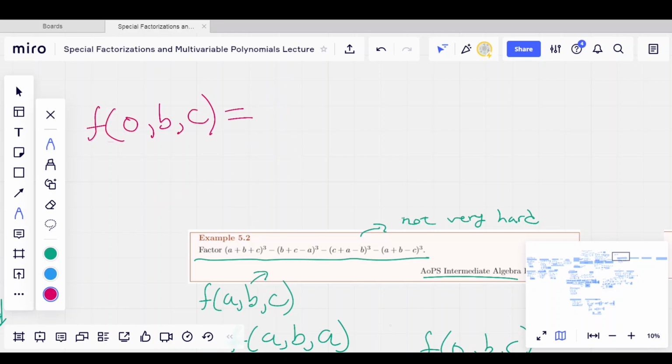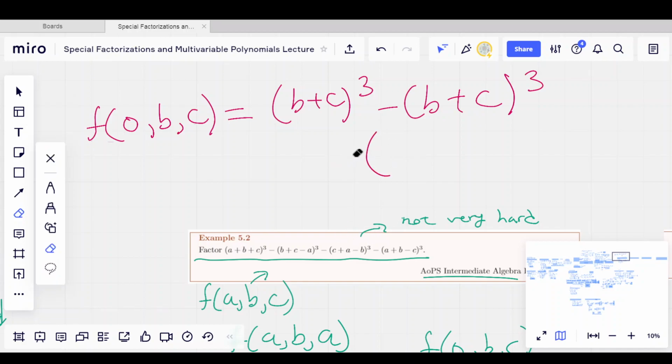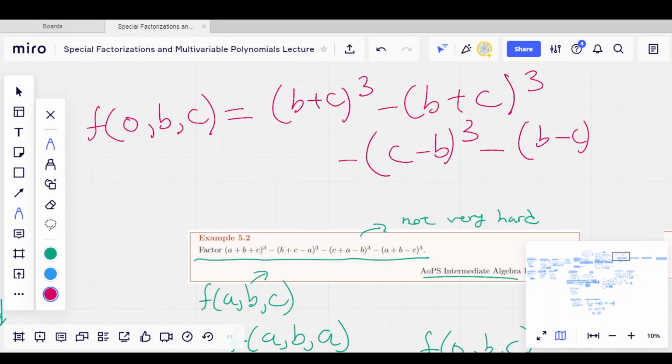So you get (b+c)^3 minus (b+c), minus a is just 0, so cubed, plus (c+a), well, a is just 0, so it's minus (c-b)^3 minus a0, so (b-c)^3.